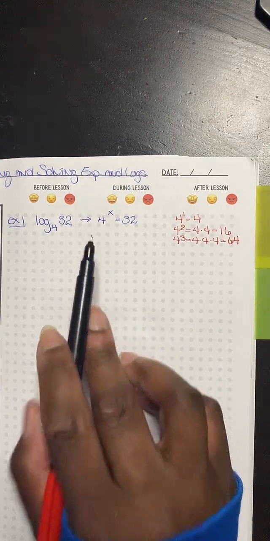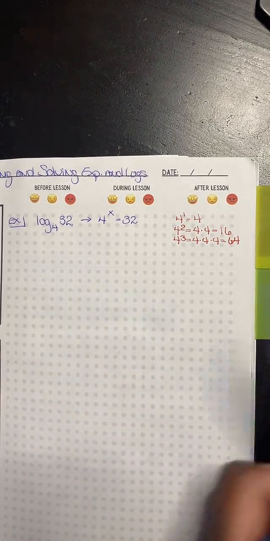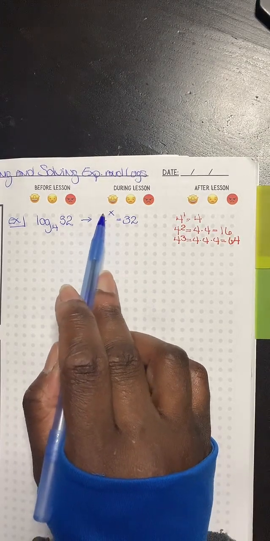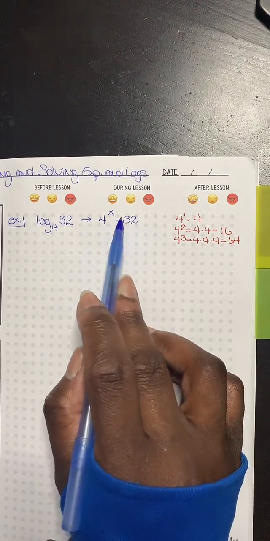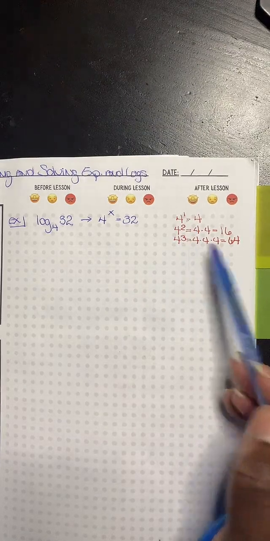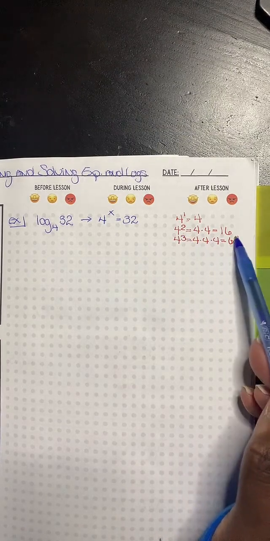So we're going to have to make some changes in order for it to fit. We might have to change this 4 as well as this 32, because if I just try 4 squared, 4 to the third, I'm not getting 32. So 32 is somewhere in here.